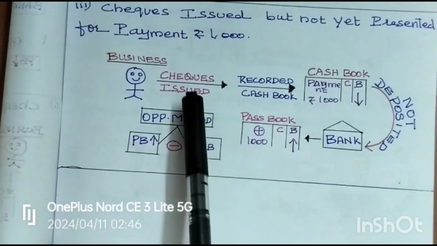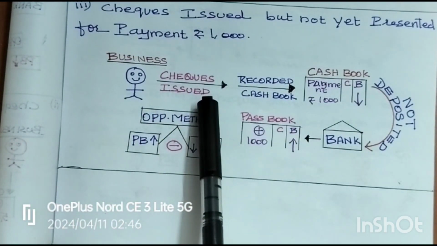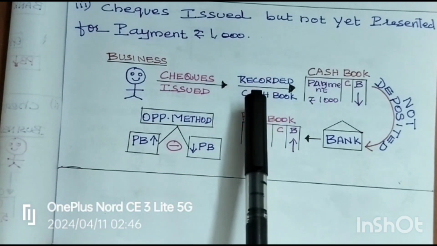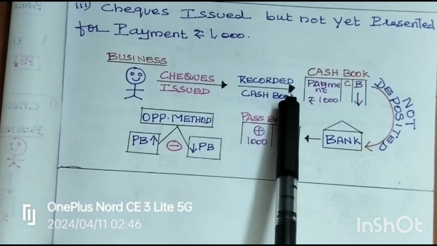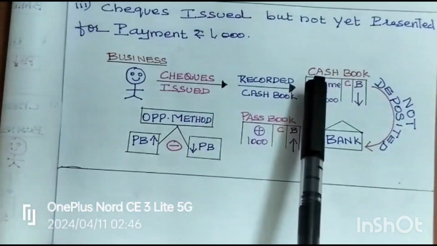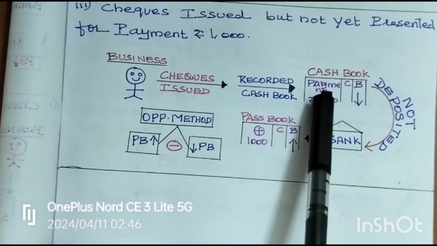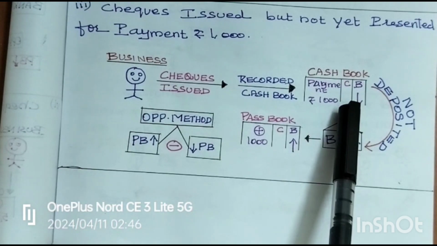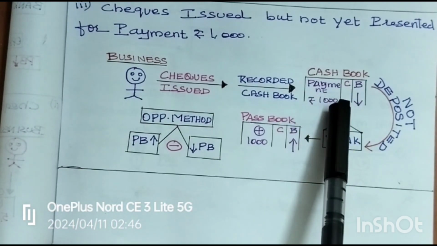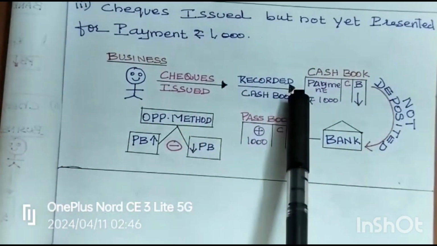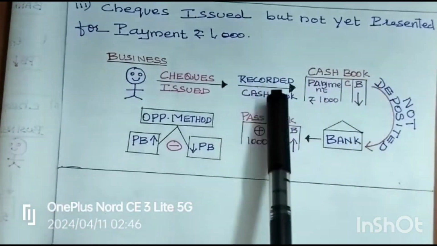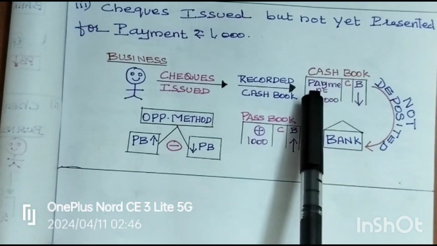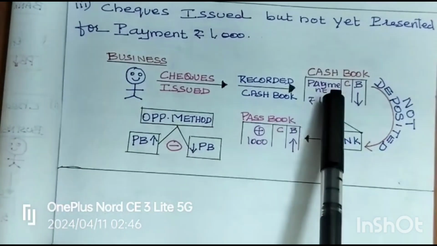So after issuing the check, immediately you record it in your cash book. In cash book on the payment side, in bank column, 1,000 rupees is subtracted because cash goes out through check. You paid cash through check, so your cash book will be decreased.